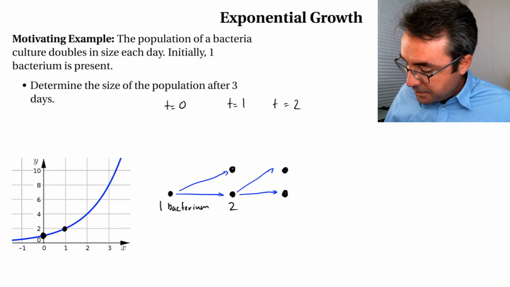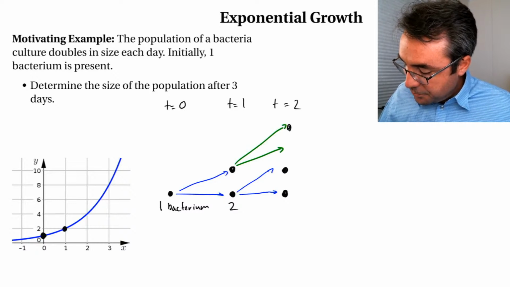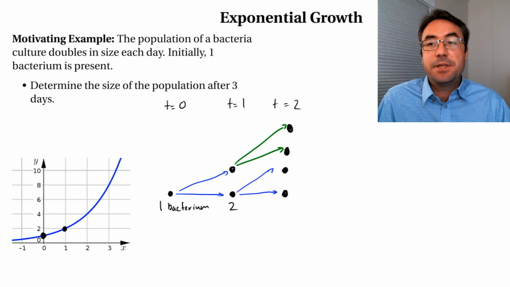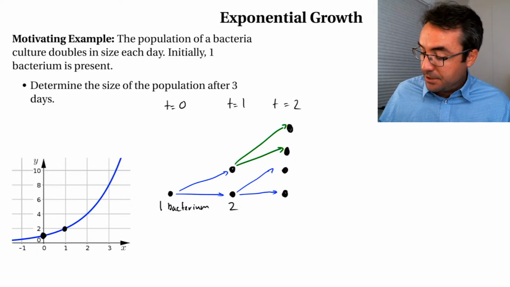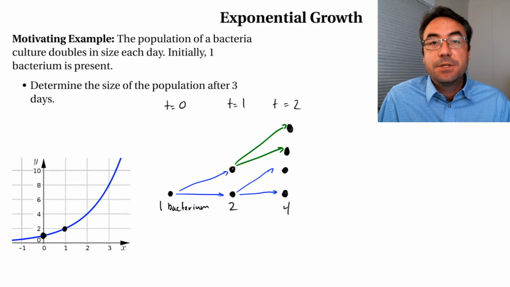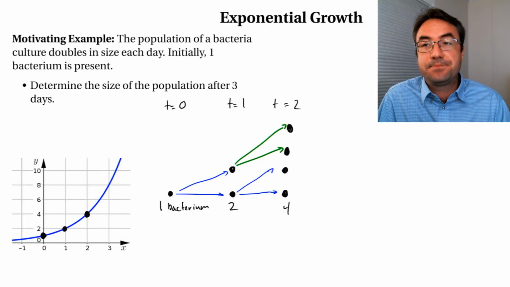And then this bacterium is going to split, and we get 2 daughter bacteria from that one. So if we look at this, we're going to have 4 bacteria present in our culture after day 2. Let's plot that on our graph as well: on day 2, we have 4 bacteria.